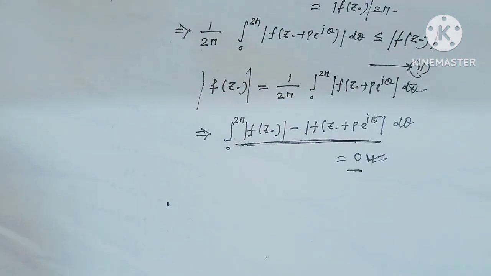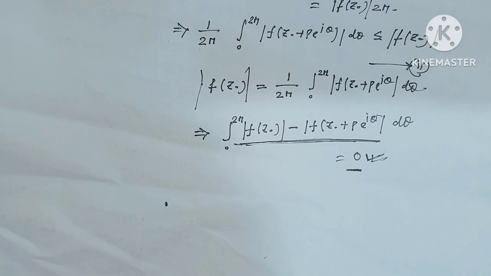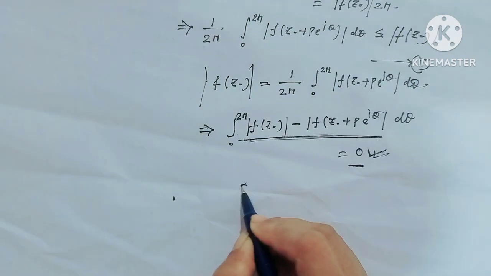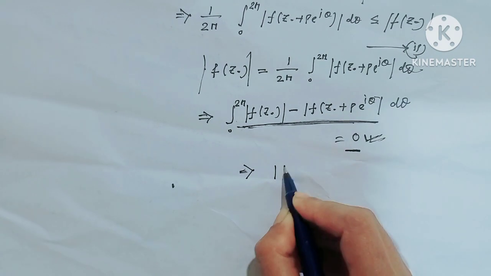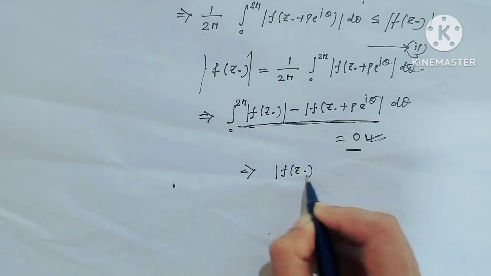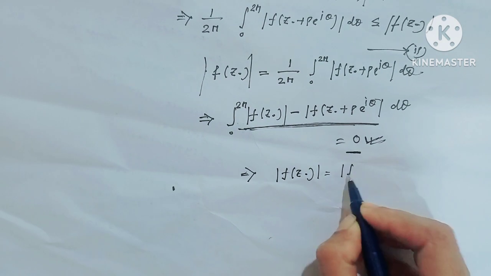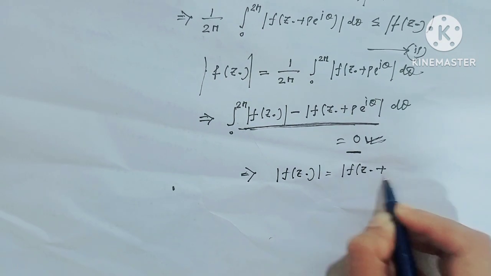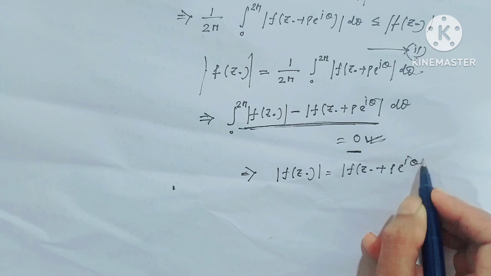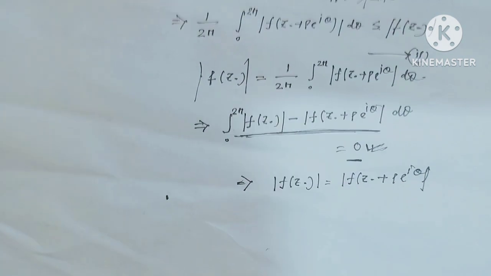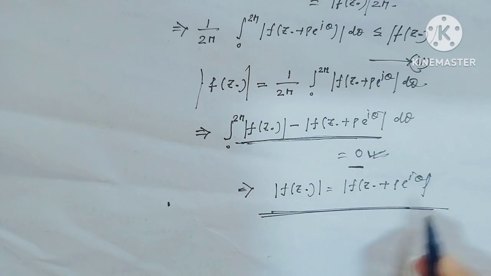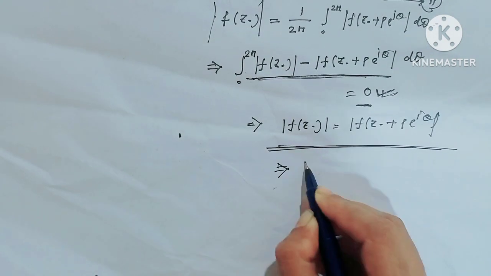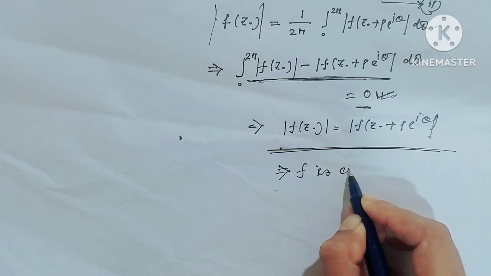That implies these two values are equal: the absolute value of f(z0) equals the absolute value of f(z0 plus rho e to the power i theta). Since these two values are equal, that implies the function f is constant.